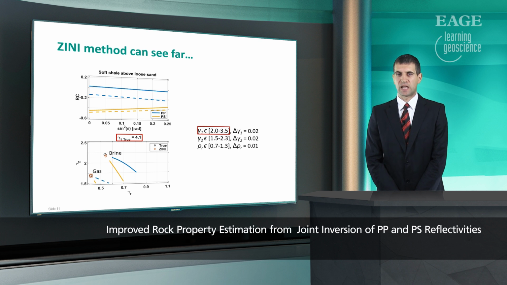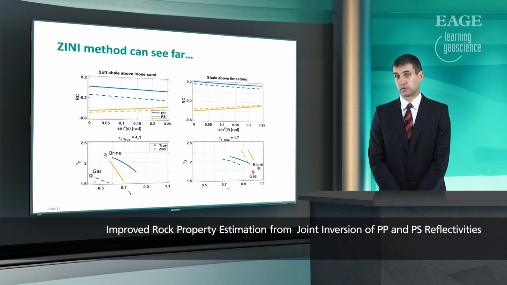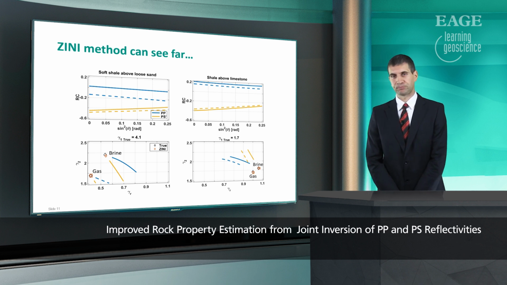Using still the same discretization of the model space, when true gamma 1 is lower than the lower limit of the scanning space of this parameter, set to 2, the intersection of the sets of quadratic equations will once again reconstruct close to true gamma 1, gamma 2 pairs, or gamma R, gamma 2 pairs if you wish.